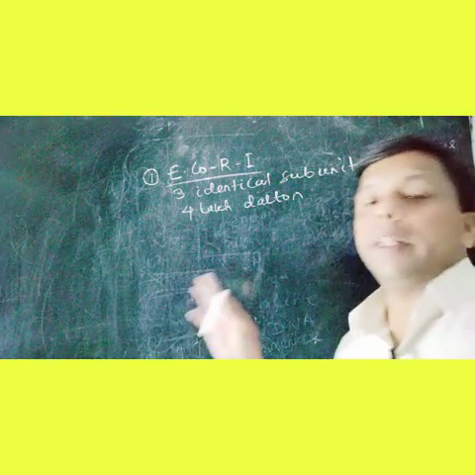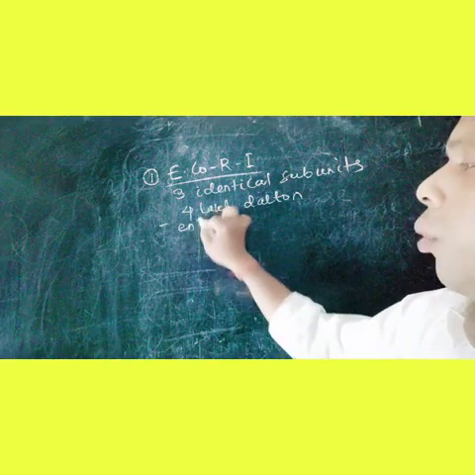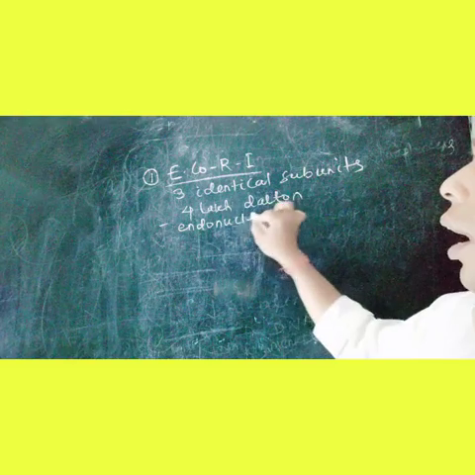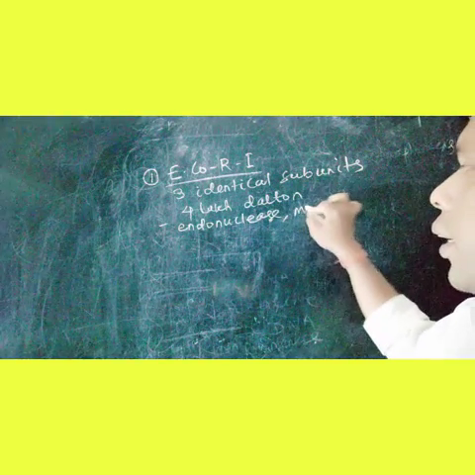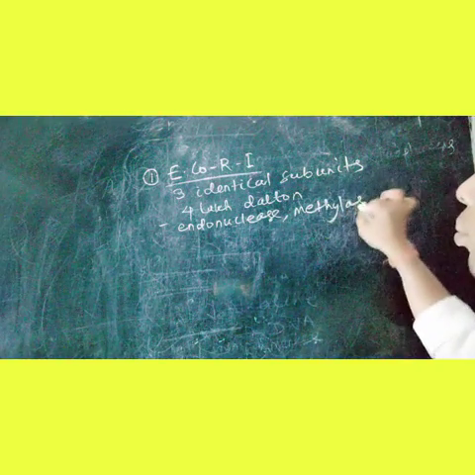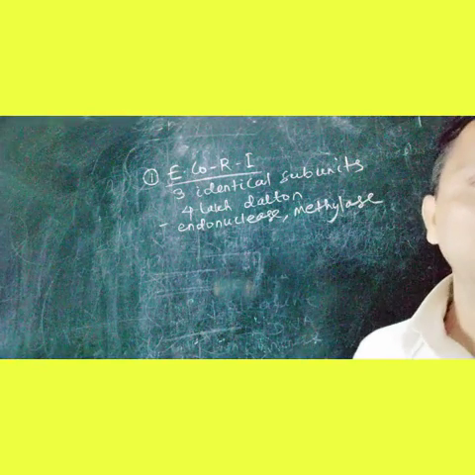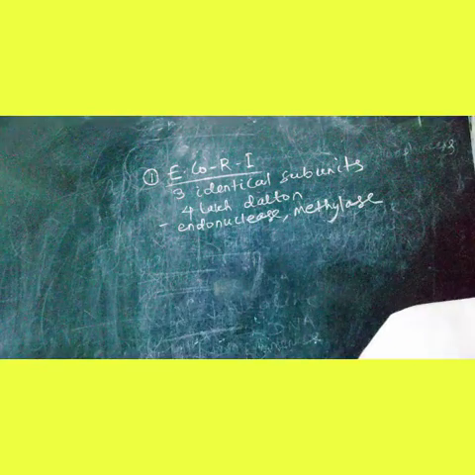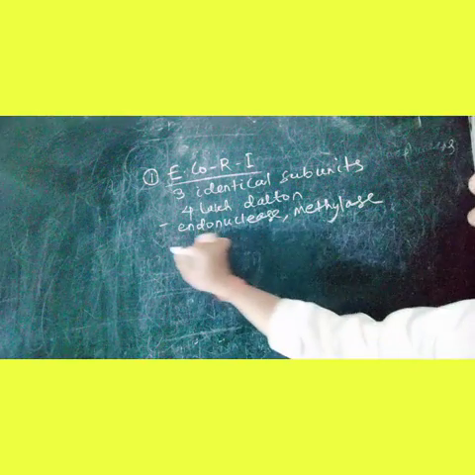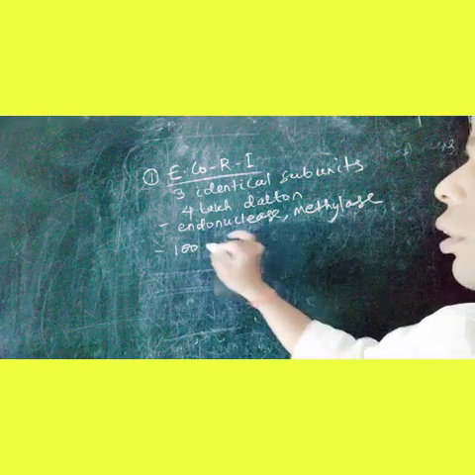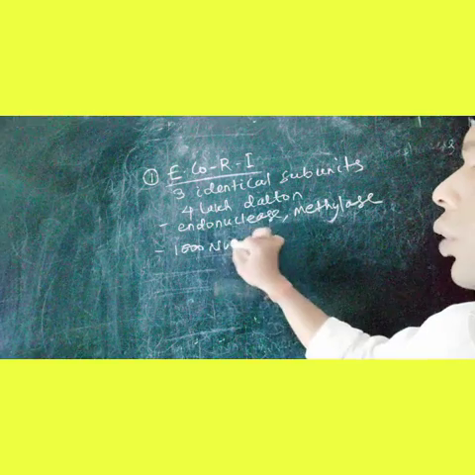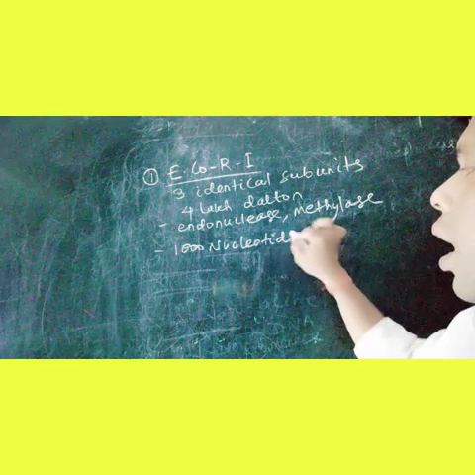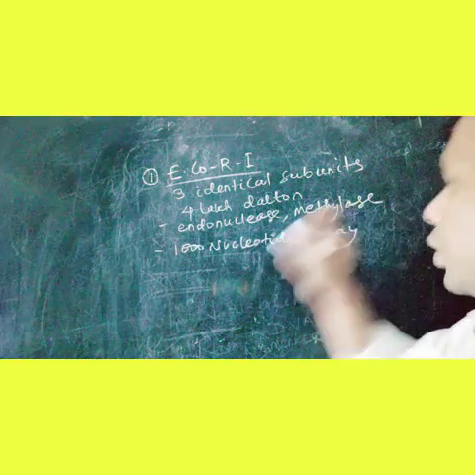This enzyme has endonuclease and methylase activity. With endonuclease activity it can cut, and methylase is responsible for methylation. These 2 activities are confined to type 1 enzymes. It cuts at a site about 1000 nucleotides away from the restriction site.